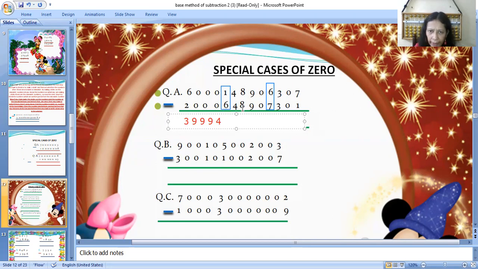4 and 4, 8 and 8, 9 and 9, 0 and 0. These are the cases. See, try to understand these cases. 4 minus 4, 8 minus 8, 9 minus 9, 0 minus 0. These are the special cases. These are very special cases. What will you do here?